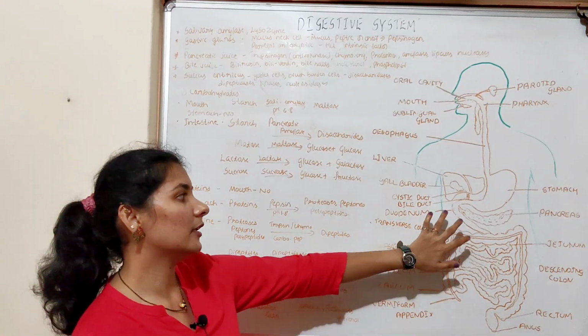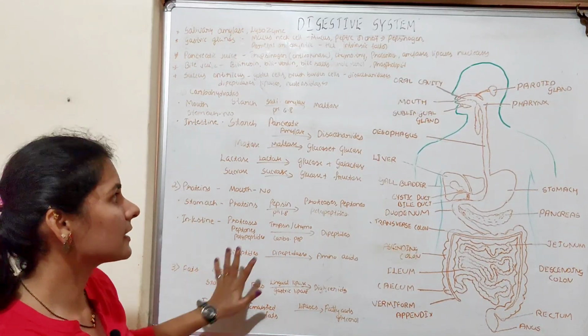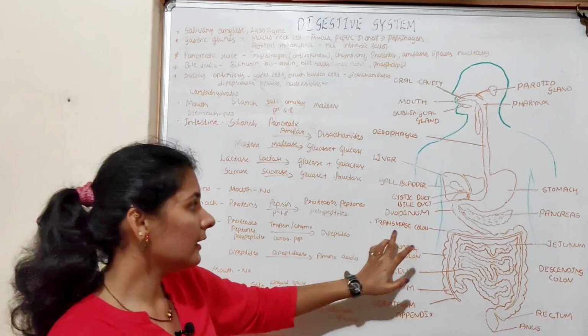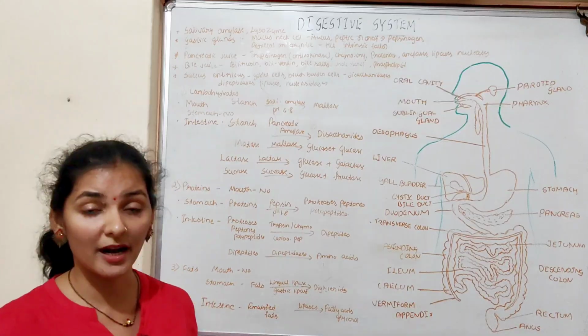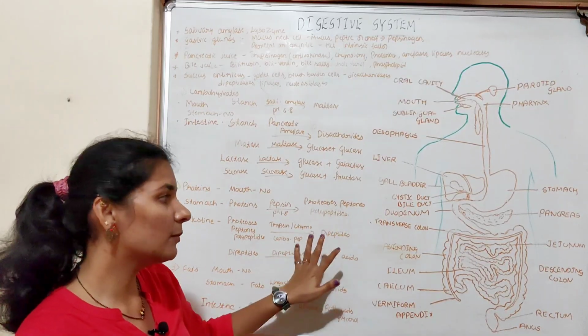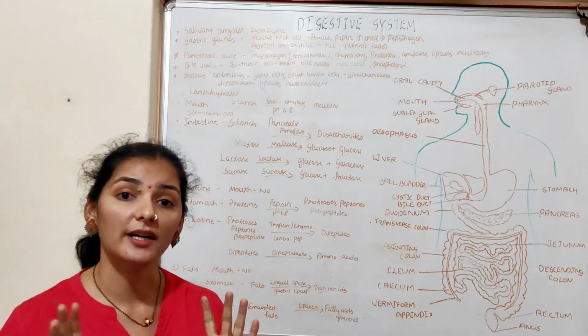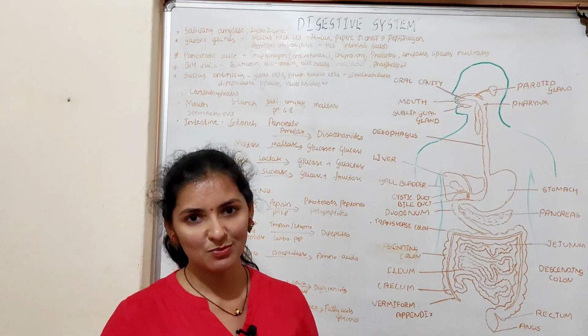So in the duodenum, all the complex food particles are digested into simpler soluble form. Later, the food from the duodenum enters the jejunum and the ileum, where the simpler soluble nutrients are absorbed directly into the bloodstream. So that is how digestion and the absorption of the food takes place in the small intestine.